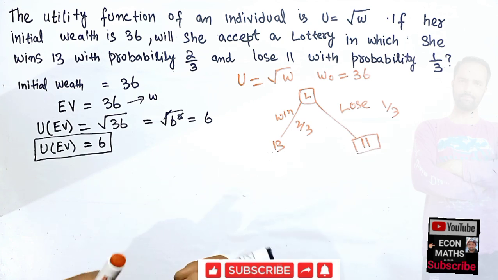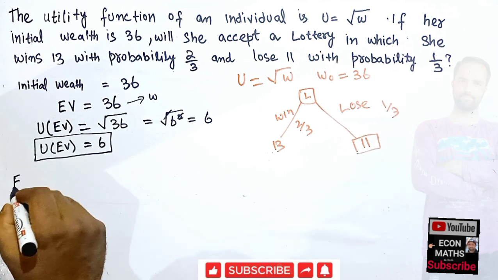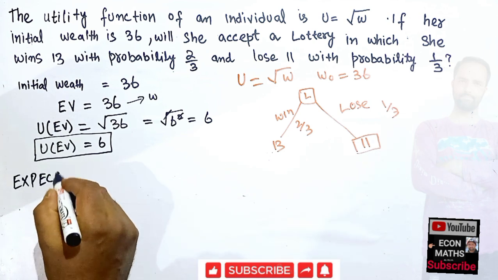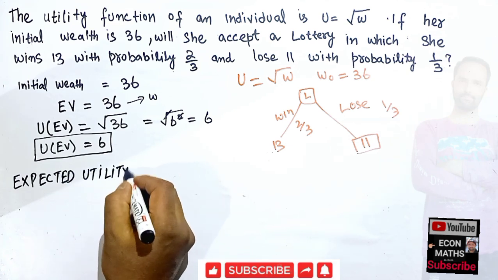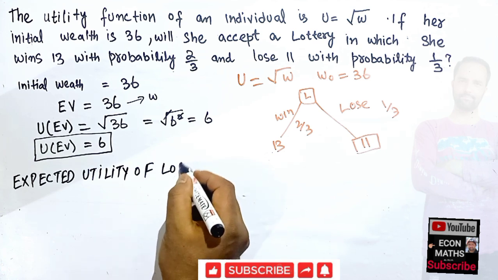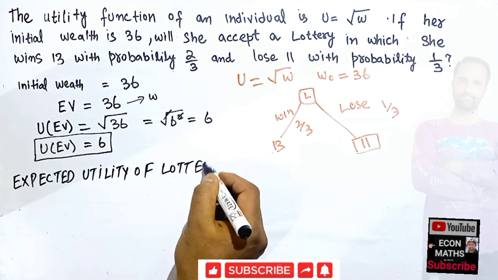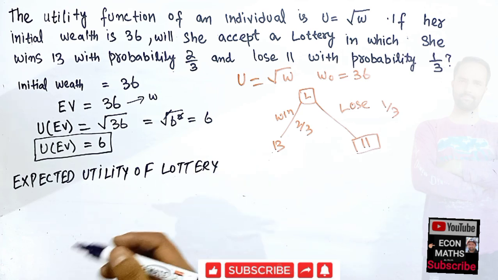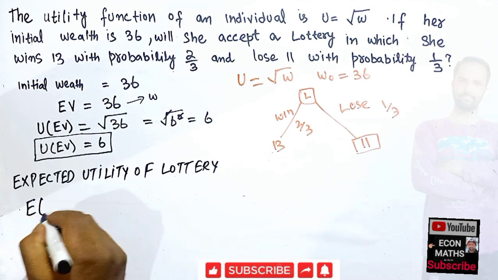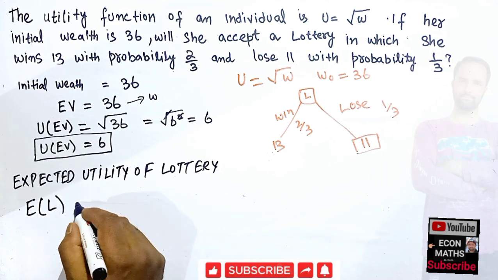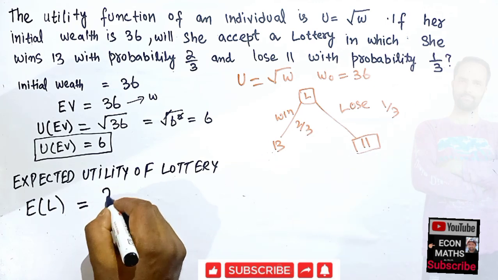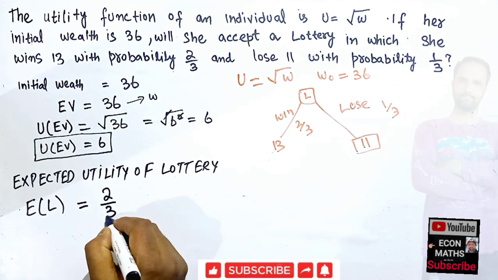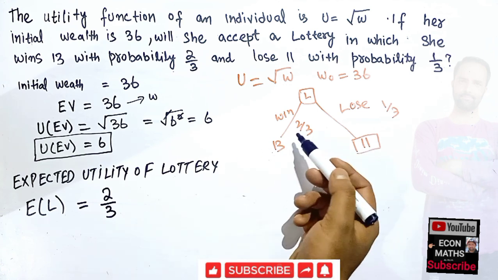Now we need to find out the expected utility of the lottery. The expected utility of the lottery will be equal to: there is a 2/3 chance that she will win rupees 13.